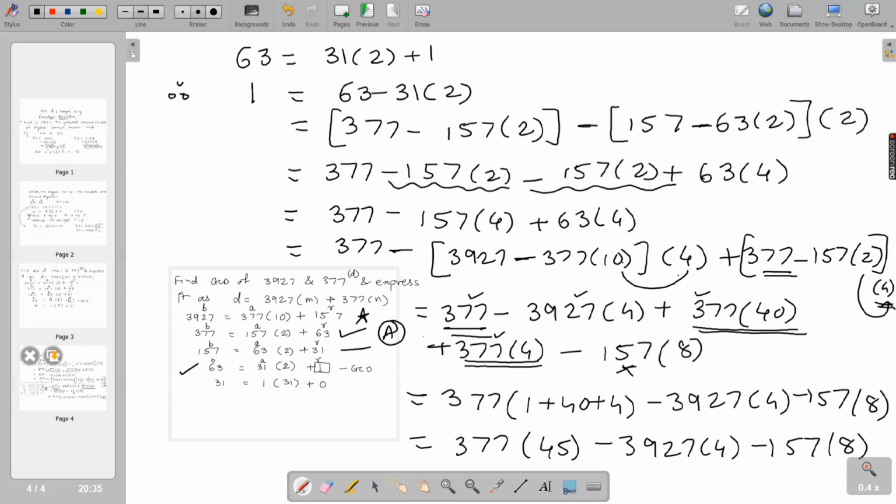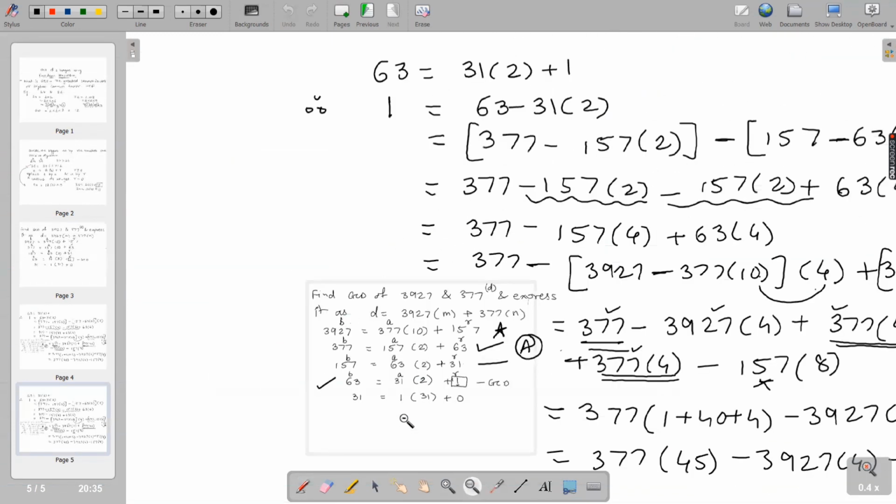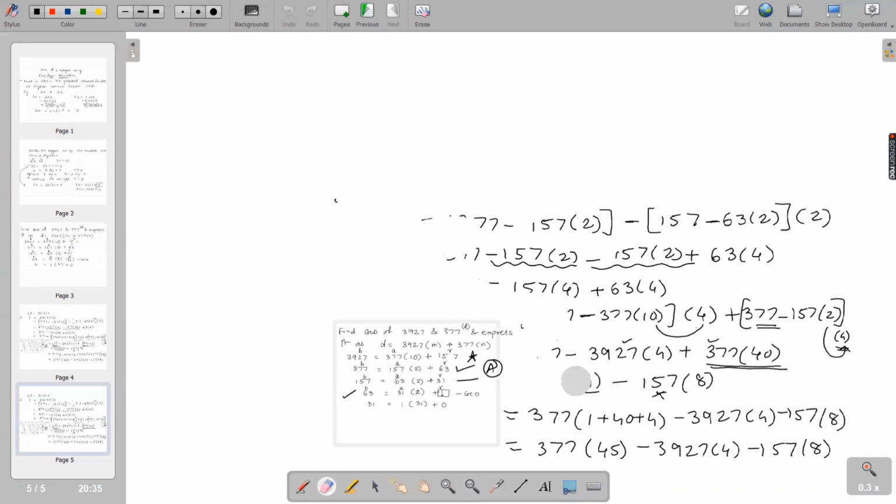So let me just duplicate this page. I just want the last expression to deal with.